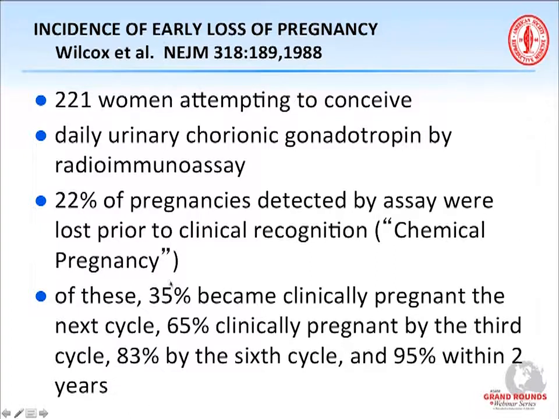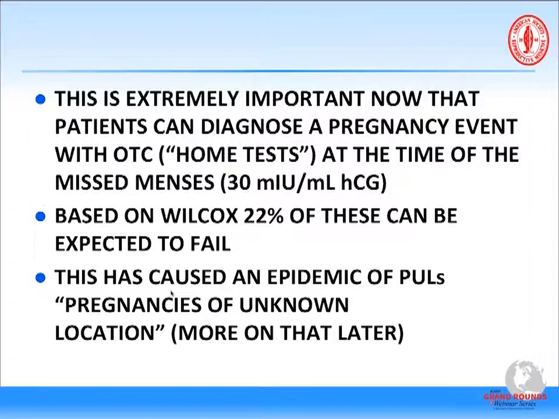And yet, based on this, that chemical pregnancy, her prognosis in the next 1 to 6 months is infinitely better than her friend, sister, coworker, neighbor who wants to be pregnant but is simply getting her menses month after month after month.